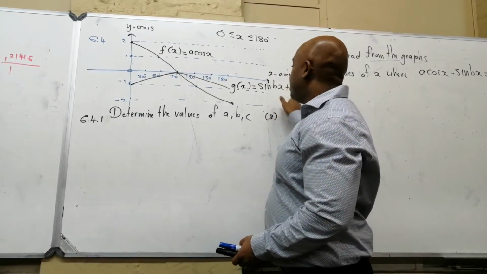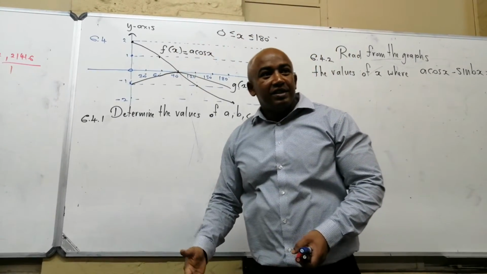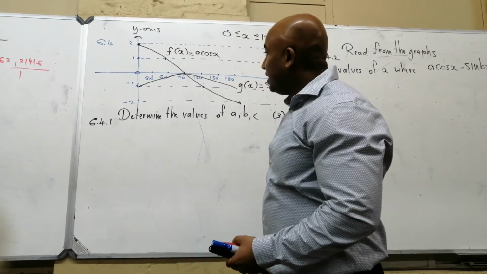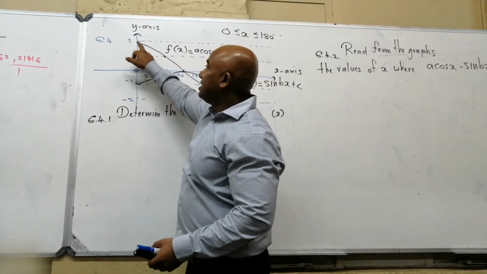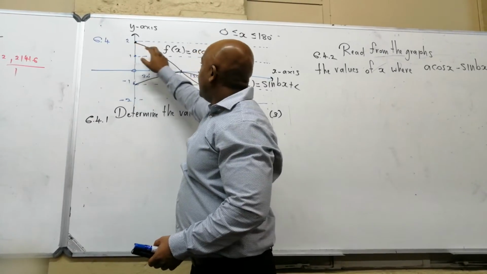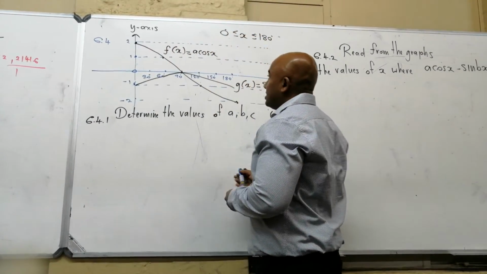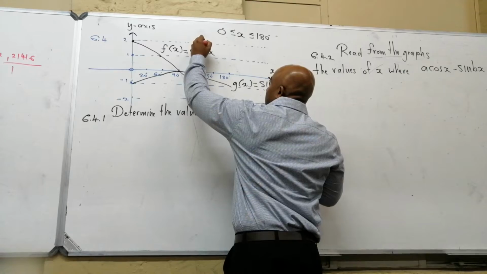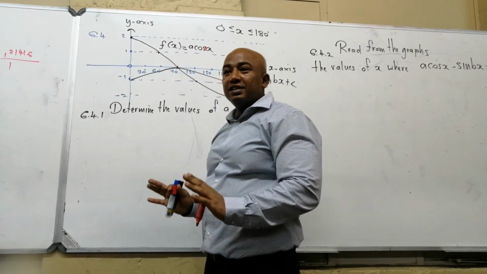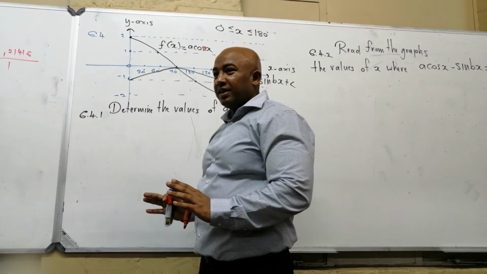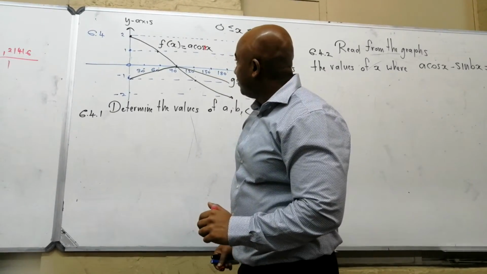It depends on if it's positive, it's going up, if it's negative, it will be going down. So we know that this graph here, if it's starting at 2 there, you can see the coefficient of x is also 1. That means this is your basic standard cos graph.